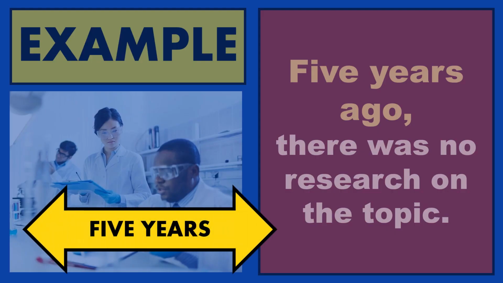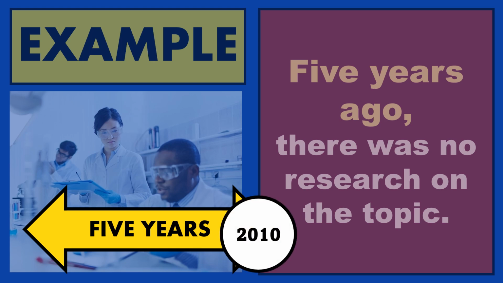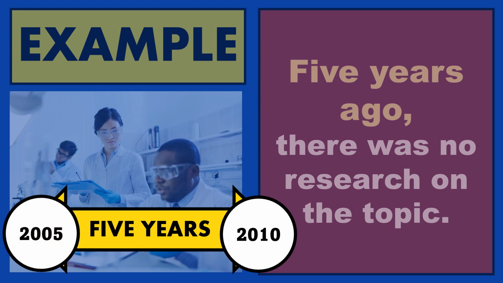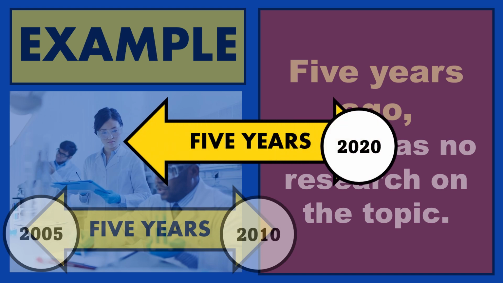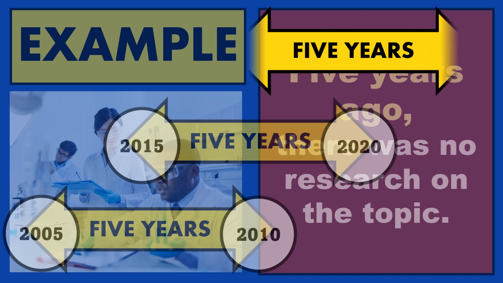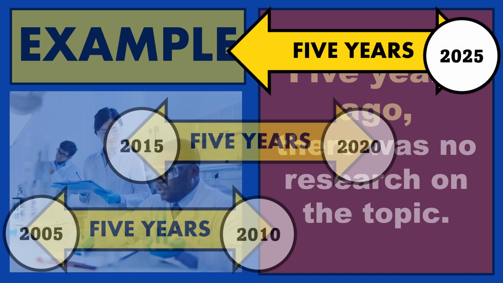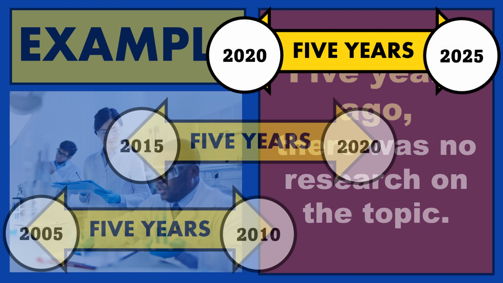So when we have that 5 year span and the reader reads this article in the year of publication, 5 years ago means 2005. However, when they read that article in 2020, 5 years ago is 2015. And when they read it in 2025, 5 years ago is 2020. So the time is changing and will become inaccurate.